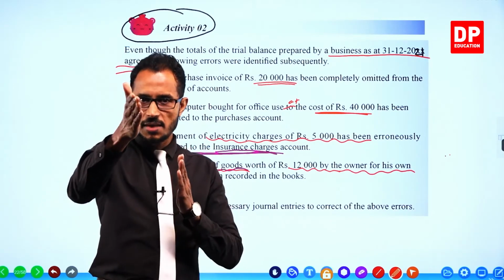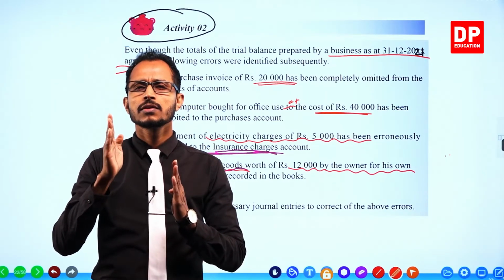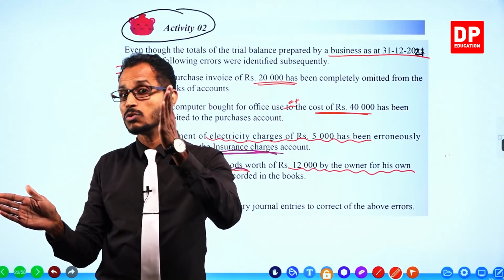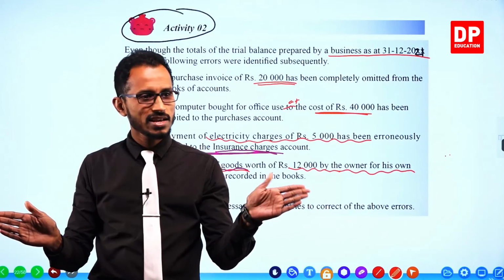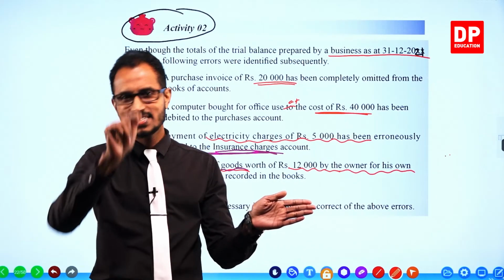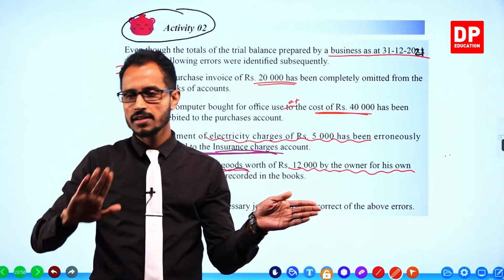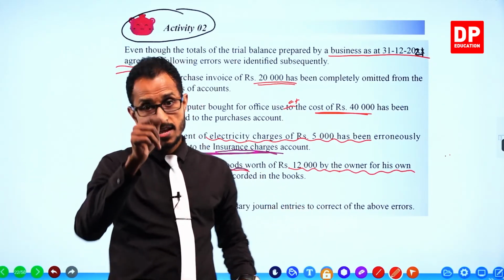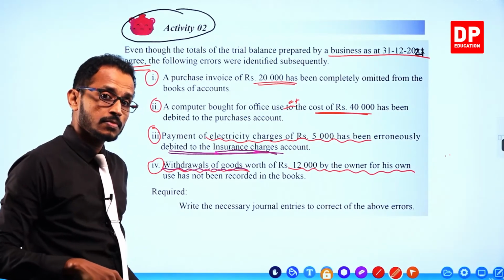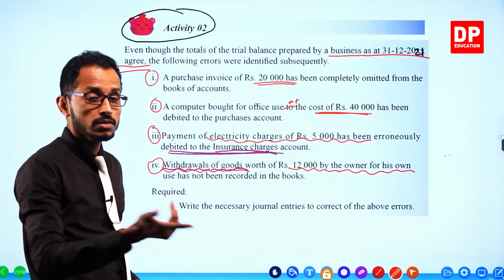First, the debit entry. Drawings account debit, goods credit. No, there is no goods account. Purchases account credit, drawings account debit. That is the double entry. And write it with narration.